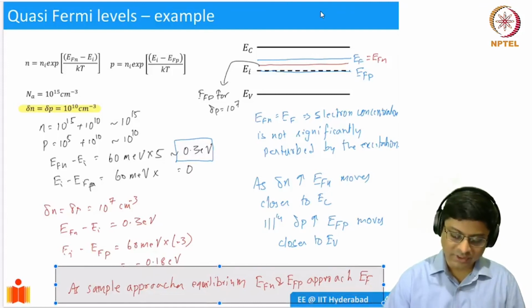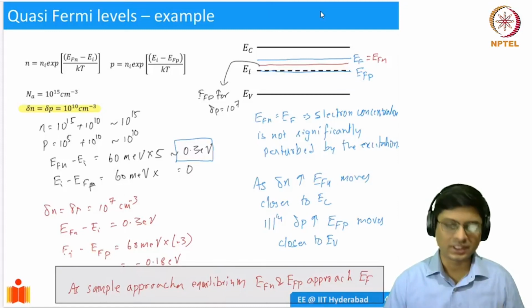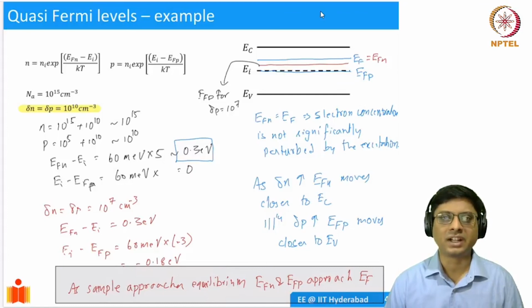We said that already, right? Because there is no physical reason otherwise. If you see the way the quasi Fermi levels are defined, at equilibrium, both are equal to EF.